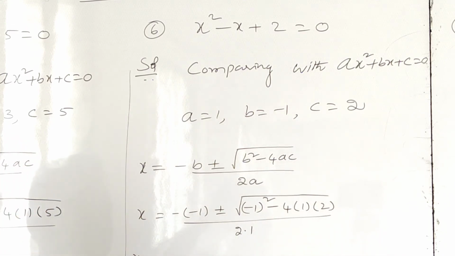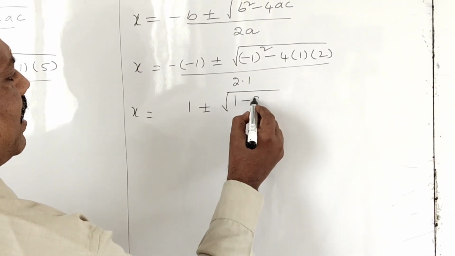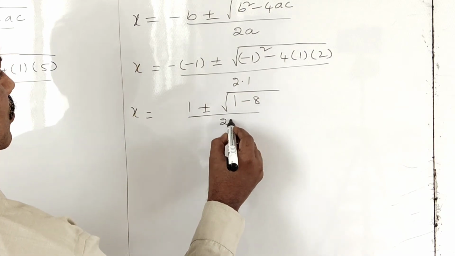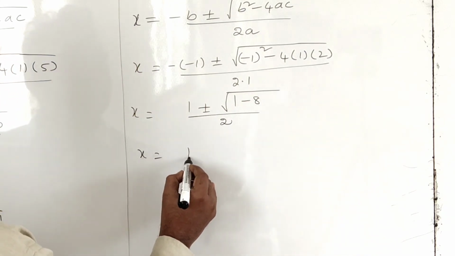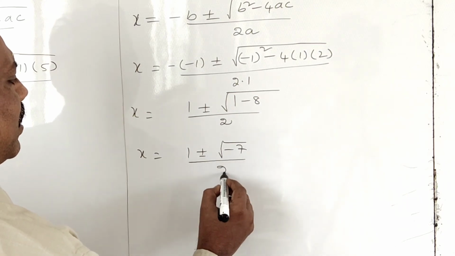So x is equal to minus of minus 1, plus or minus under root 1 minus 8 upon 2. So x is equal to 1 plus or minus under root minus 7 by 2.